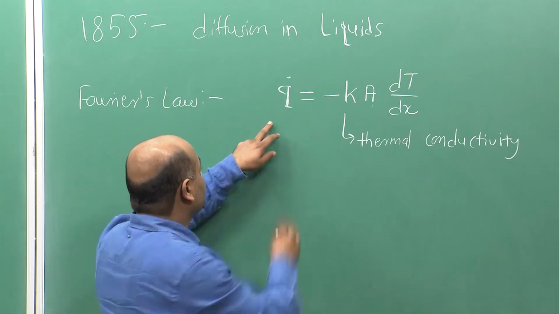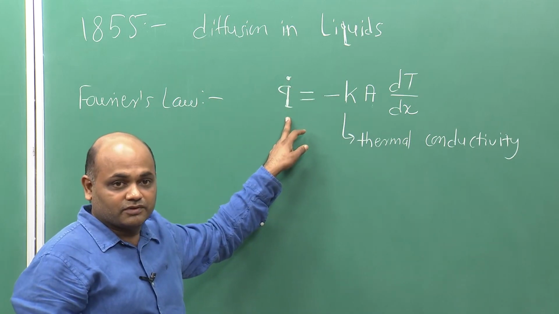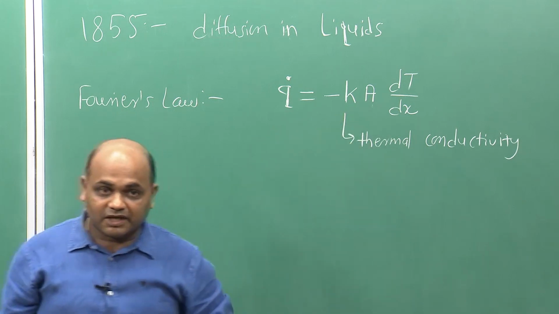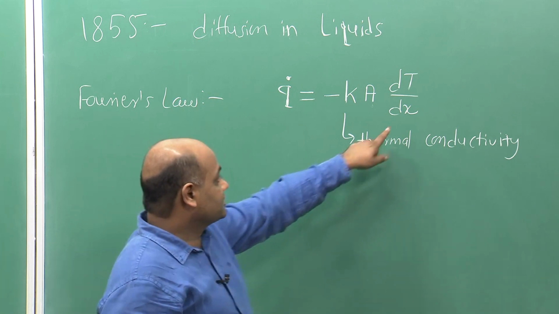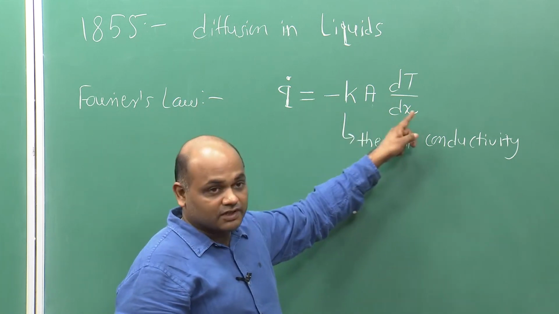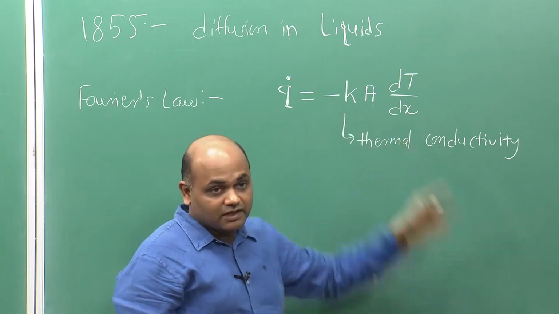The q dot is the rate of heat flow per unit time. If you take A this side, it becomes the heat flux, and dT by dx is the temperature gradient. So, heat flows down the temperature gradient, and that is why you have a negative sign here.